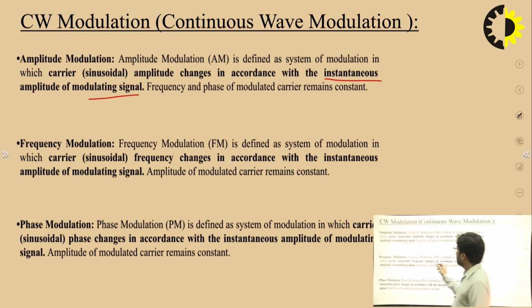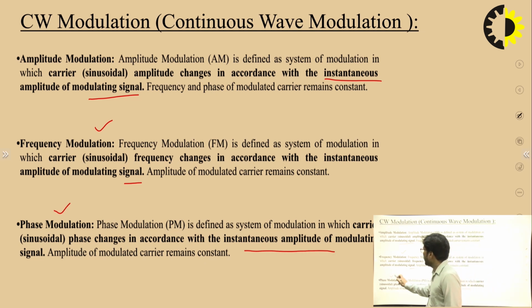If the frequency changes in accordance with the instantaneous modulating signal, then it is frequency modulation. If the phase changes in accordance with the instantaneous value, then it is phase modulation. These are the modulation techniques we use at the transmitter side before the channel, and after the channel we need to do the demodulation process, right?